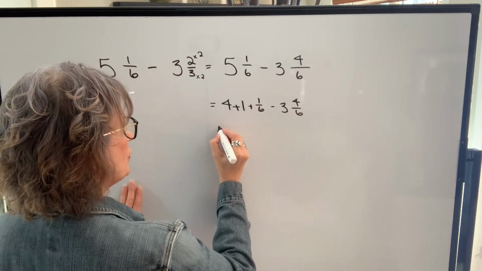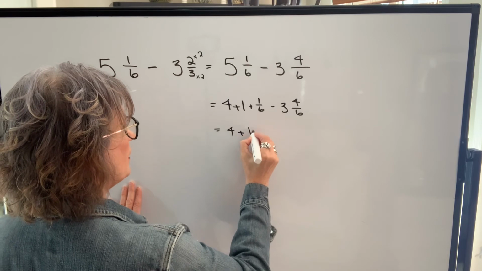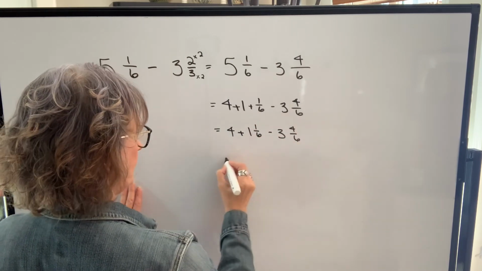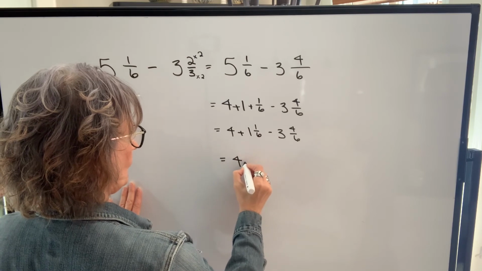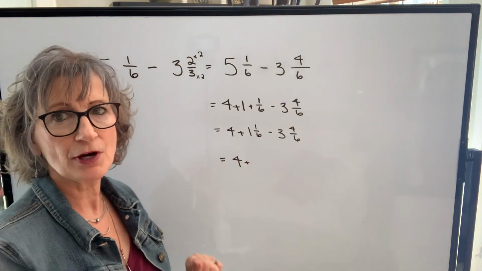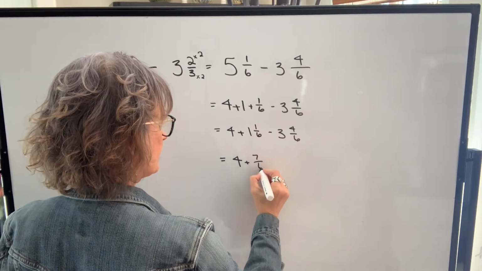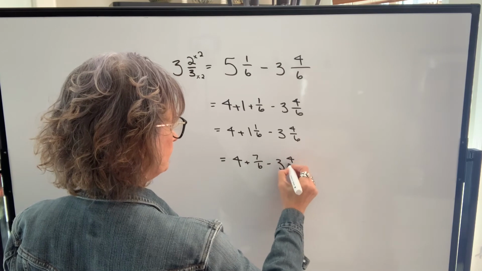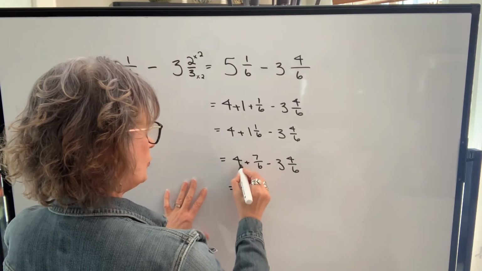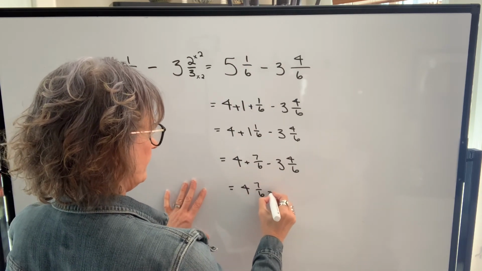Then I'm going to write that as 4 plus 1 1/6. 1 1/6, I can change to an improper fraction. 1 times 6 plus 1 will be 7/6. So what I'm going to be doing is changing 5 1/6 to 4 7/6.